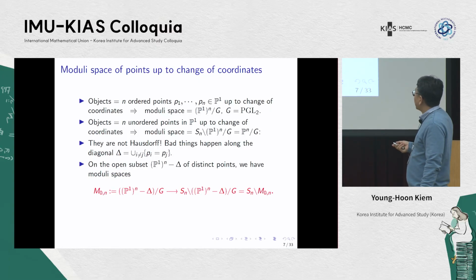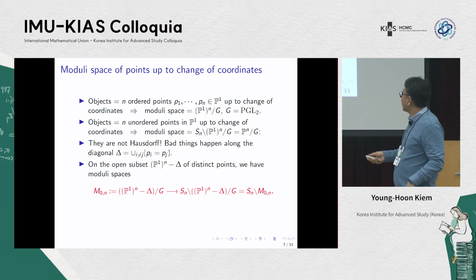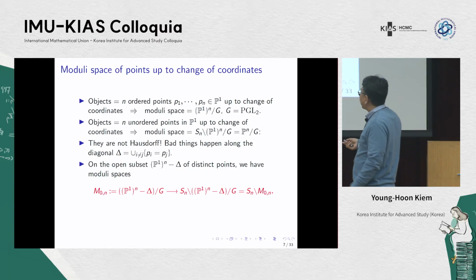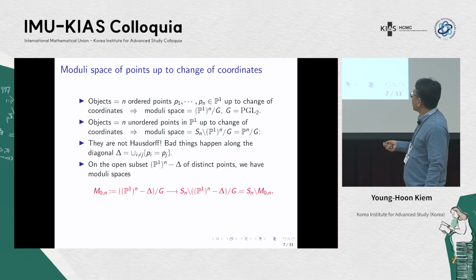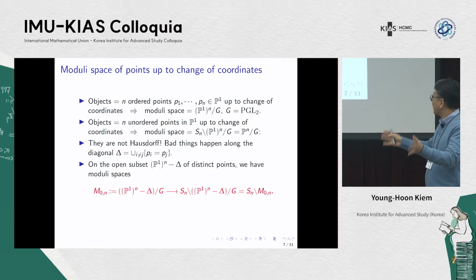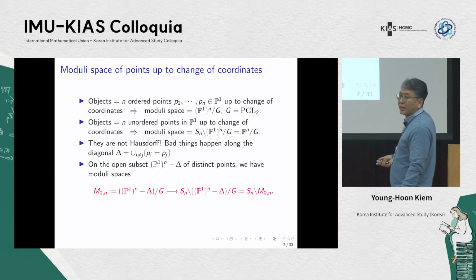Okay, but on the good part, where all these points are distinct, nothing bad happens, and we give a name for this space. M0n denotes the quotient of P1 to the nth power minus the big diagonal, quotient by the action of G. Here, nothing bad happens. This is a complex manifold, although non-compact. The same with the unordered case.